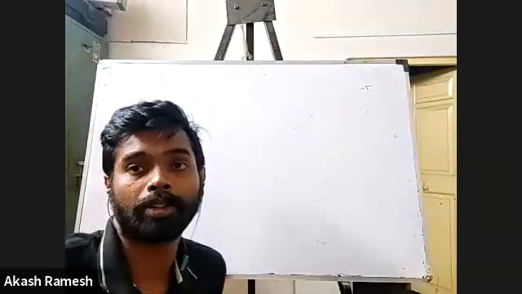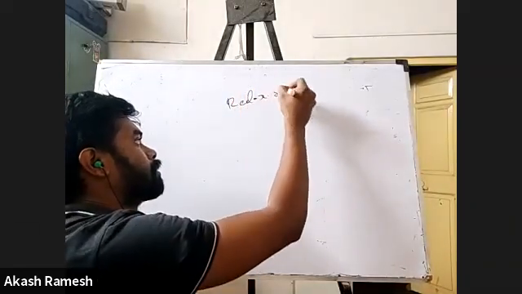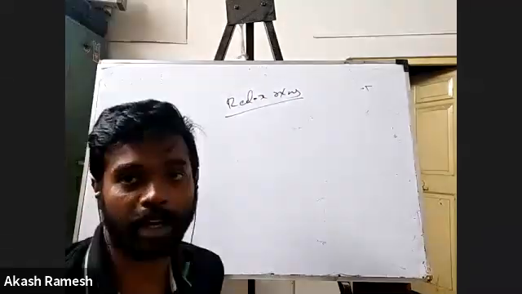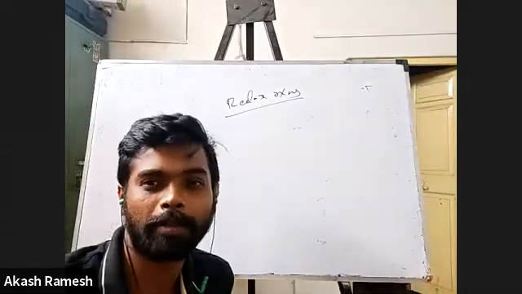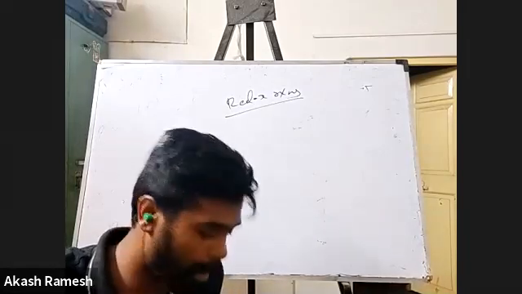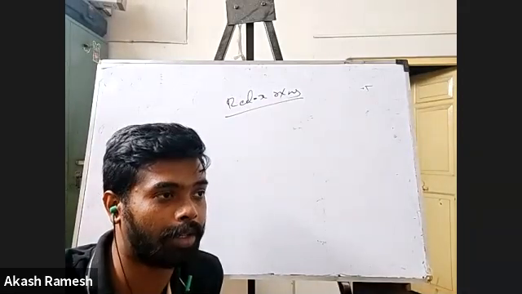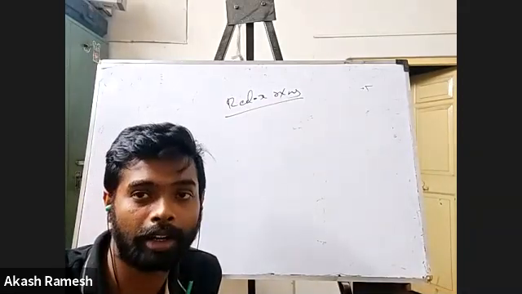Right. So as I said, we'll be starting with redox reactions. In this chapter, we'll be seeing how to calculate the oxidation number, which you already know about, but I'm going to tell you some special cases. And then we'll see how to balance the redox reactions.